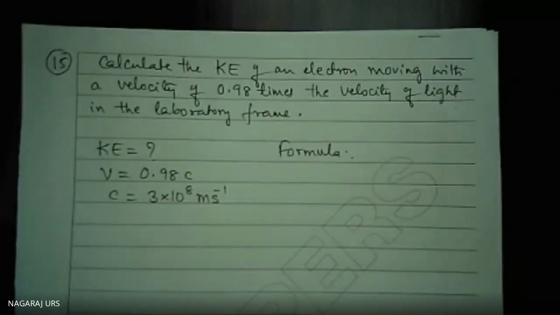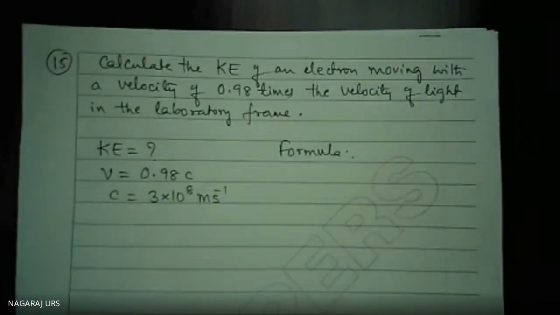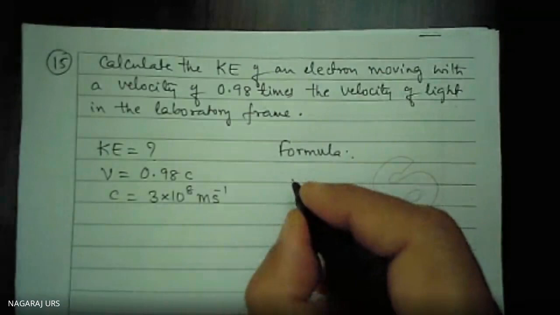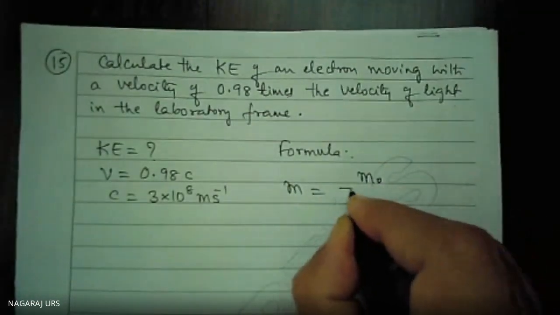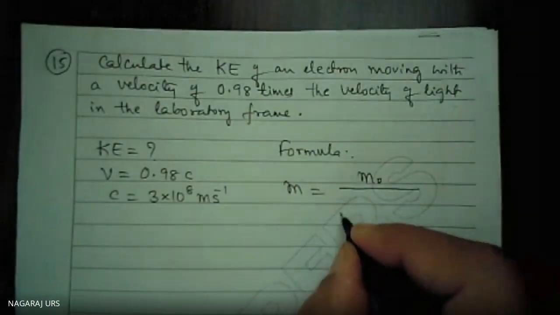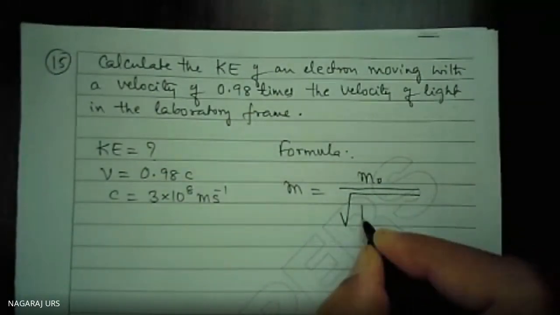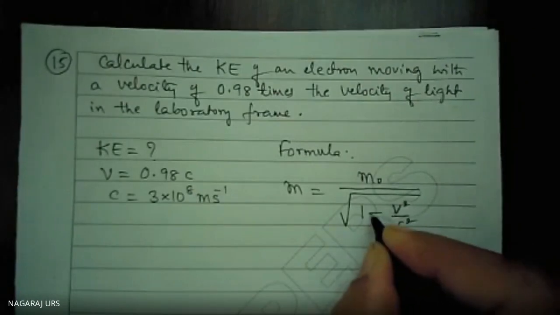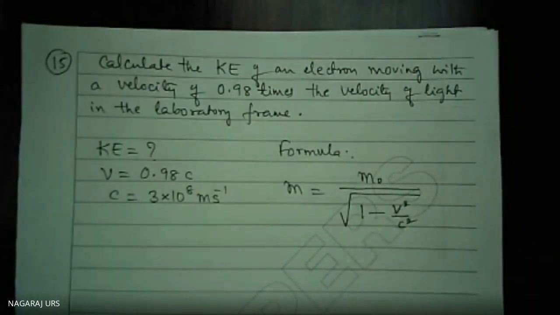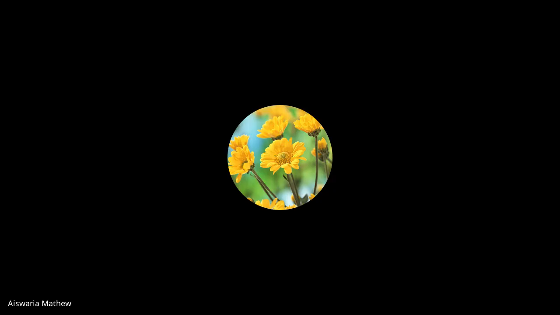I told you already, before this problem also: as the velocity goes on changing, the mass of the body also goes on changing. Therefore, correct? Aishwarya, is it correct? Yes, sir.